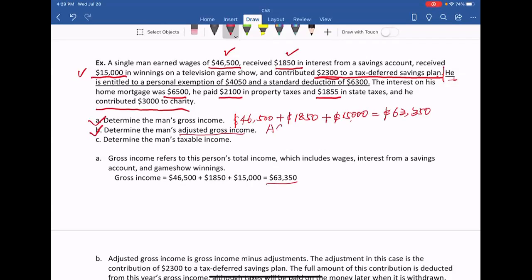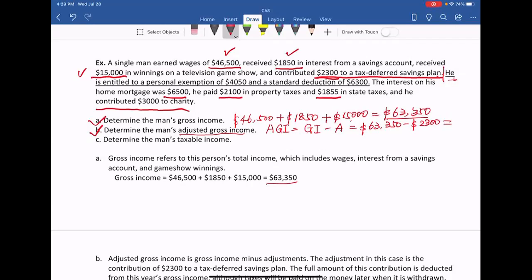Next question, determine the man's adjusted gross income. Adjusted gross income, AGI, equals gross income subtract adjustment. So the gross income is 63,350. Subtract the adjustment, which is the 2,300, the tax deferred saving plan. So let's see, what is that?